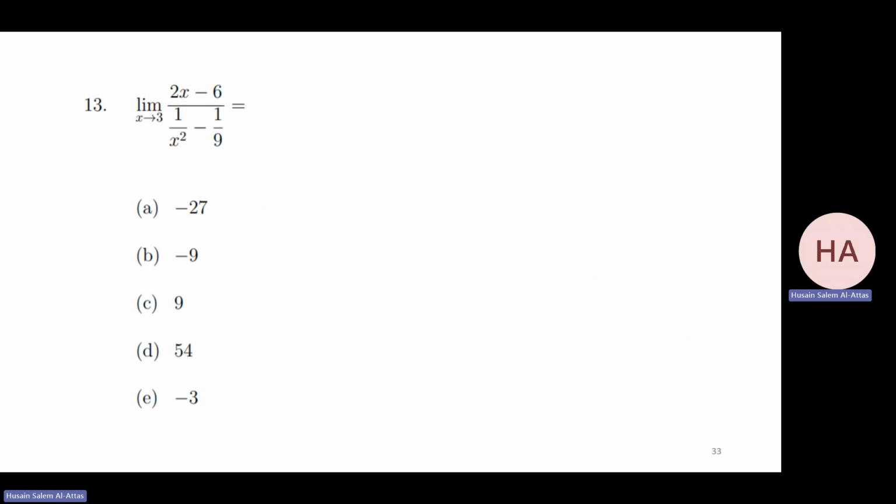The same idea, but now this is the numerator, this is the denominator. Substitute, we're getting 0 over 0. Okay, so do the calculation. That will be 2 times x minus 3 over, this is a difference.